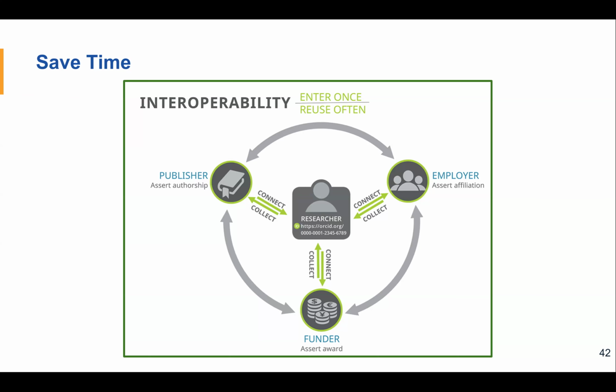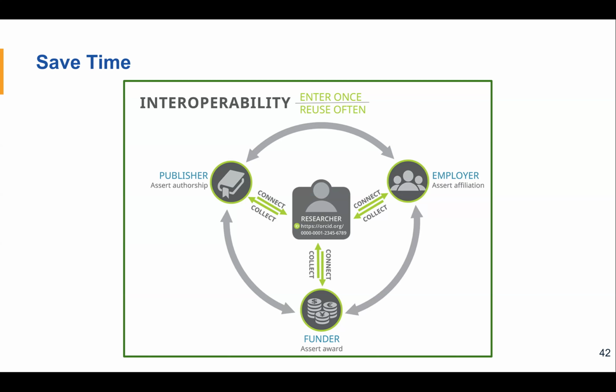And then the organizations that a researcher works with are able to connect with the researcher through their ORCID ID, to get that information about the researcher, but also to add relevant information to the researcher's ORCID record for them. Again, the idea of saving time.